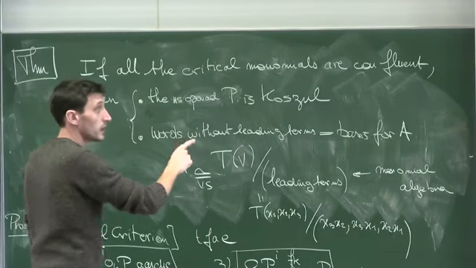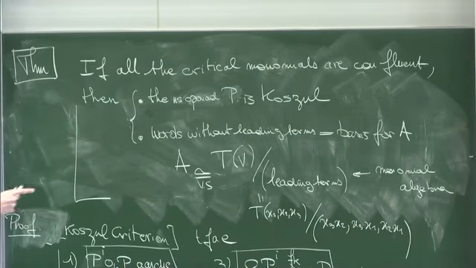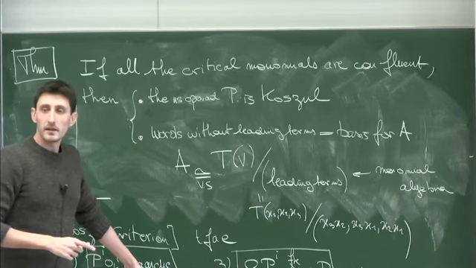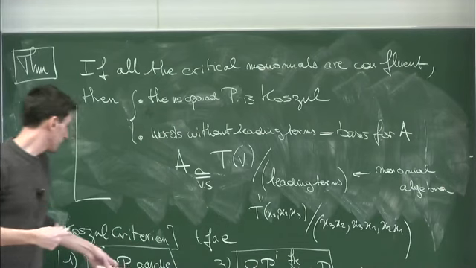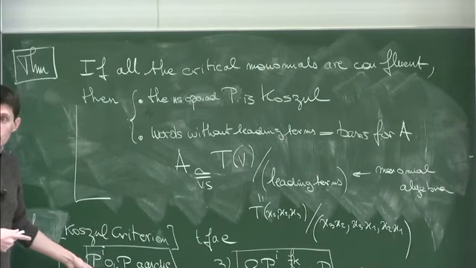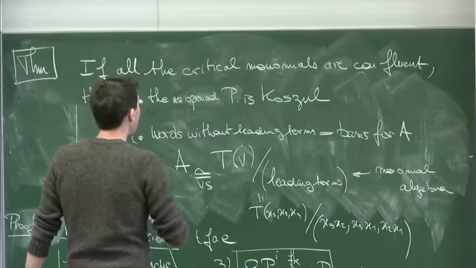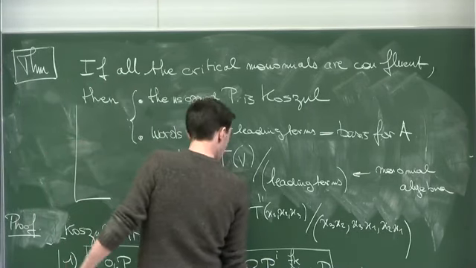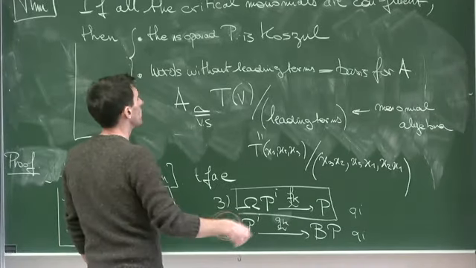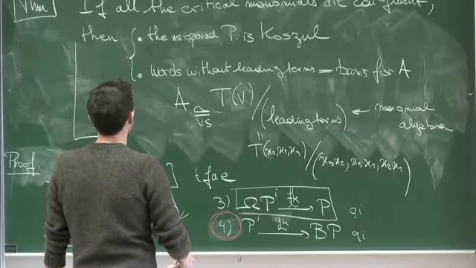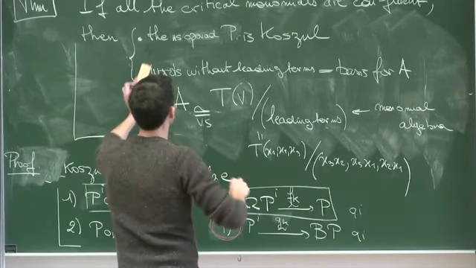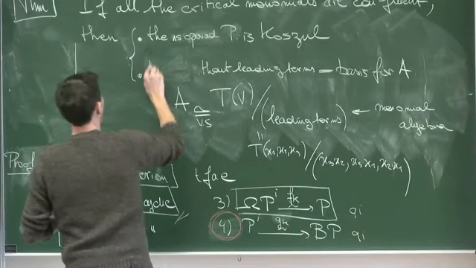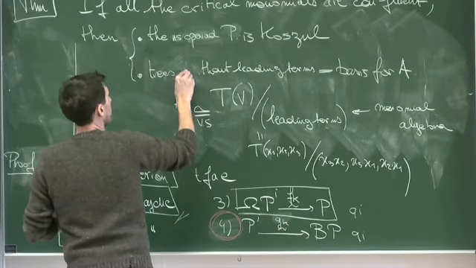So we gave here yet another proof that the operad As is Koszul, not equivalent to the one I gave before, because before I computed the homology of the Koszul complex. In this case, we have a nice Poincaré-Birkhoff-Witt basis for the operad itself: trees without leading terms.